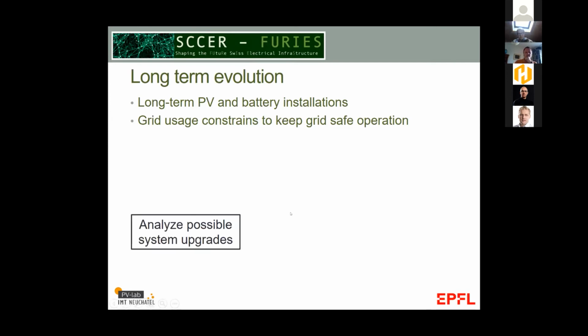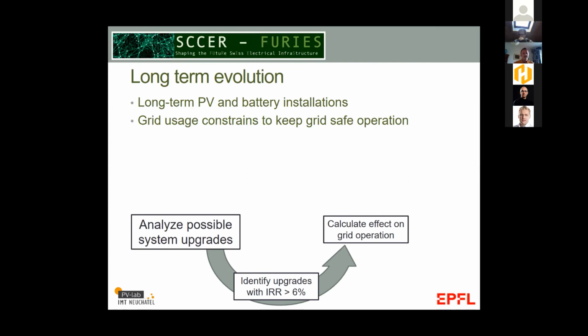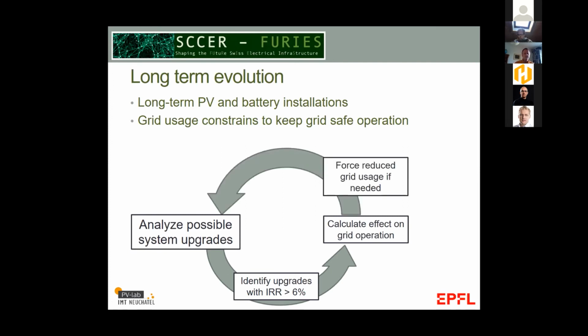So the methodology we used was first to analyze all the possible system upgrades. You look at these 41 buildings and look at PV and battery, and you identify upgrades with a high internal rate of return of more than 6%. So basically take the most profitable ones. You assume that those will be installed. You calculate the effect on the grid operation.